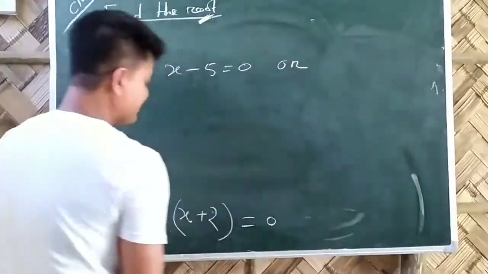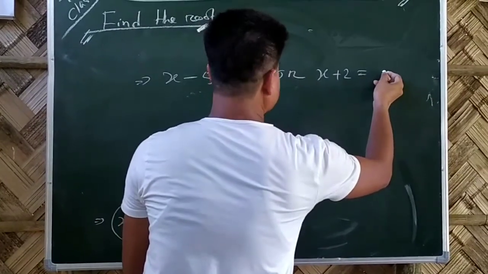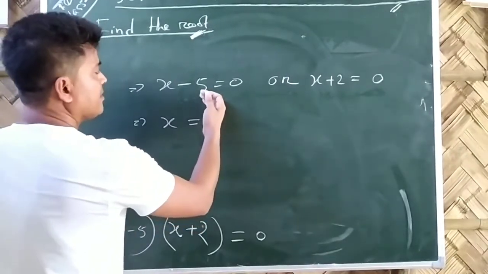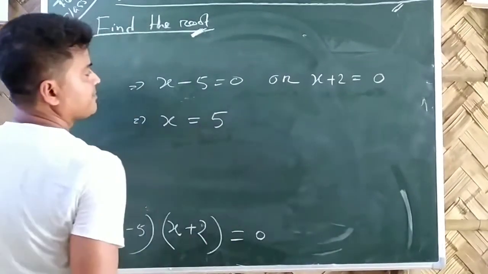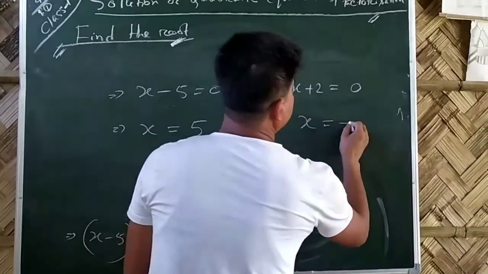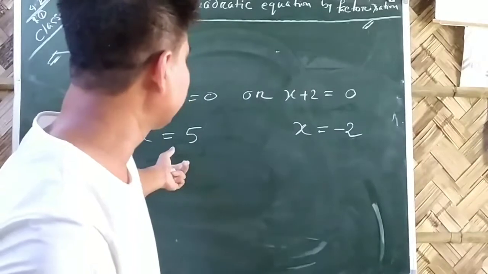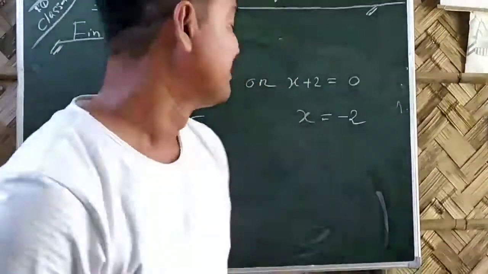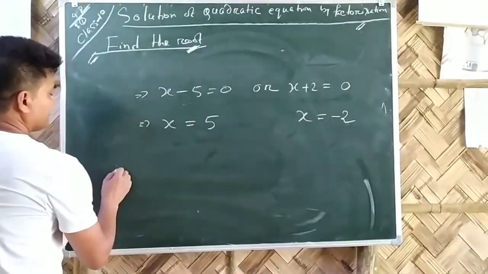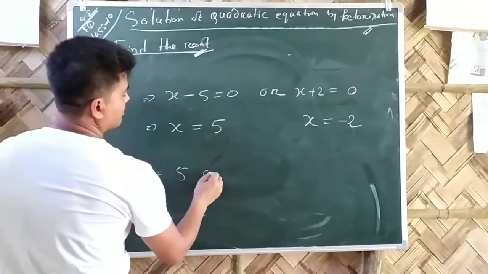Or if x plus 2 equals 0, then x is equal to minus 2. So we can see that there are two values of x, 5 and minus 2, as roots. Therefore the value of x is equal to 5 or minus 2.